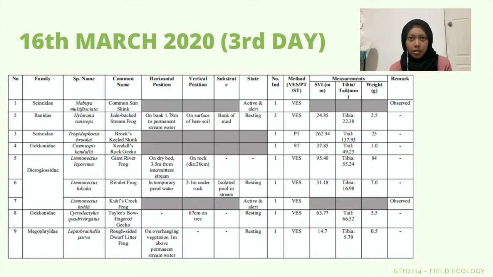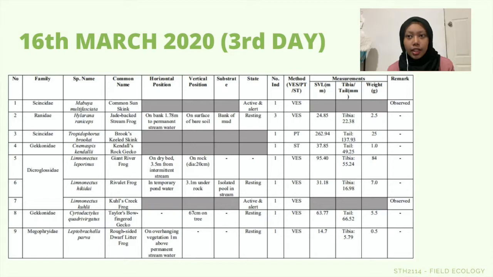So this makes 2 species found under the Gekkonidae family. The fourth one is Dicroglossidae. A total of 3 species were found during that day, which are Limnonectes leporinus, Limnonectes hikidai, and Limnonectes kohchangae. These 3 species were found using visual encounter survey method.